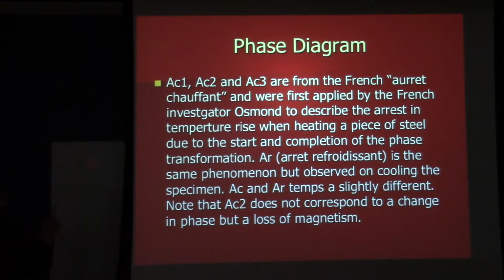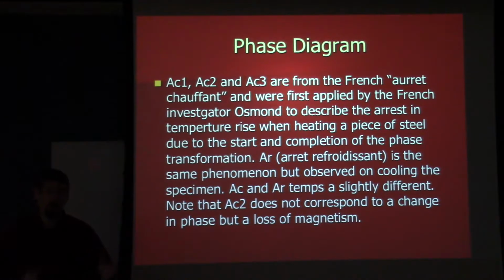You would find that the AC2 and the AC3 are not necessarily the same temperature. For the purpose of making something in a home shop, doing something that's hand forged or whatever, it's a very good way to go, especially if you haven't learned to judge temperature by eye. So no harm in using it.